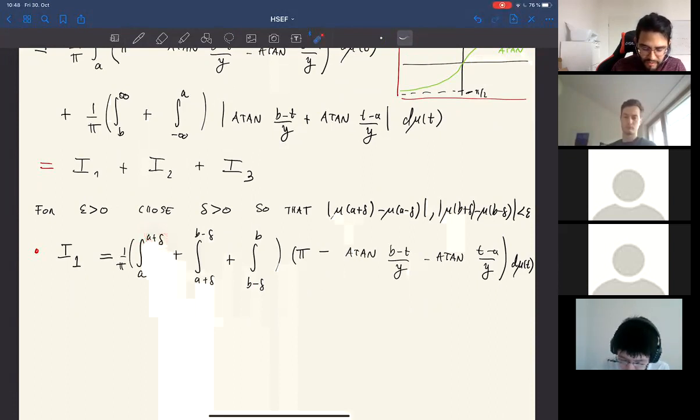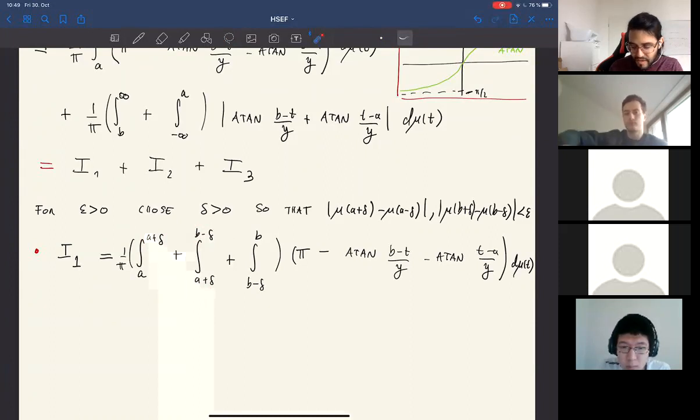What do you mean by coming from the left or from the right? I always should specify, is this a plus or a minus? Well, let me assume that I'm always dealing with points of continuity. So let me assume that A plus delta is also a point of continuity, and also B minus delta, etc. I can always do that. Why? I will mention in a moment.